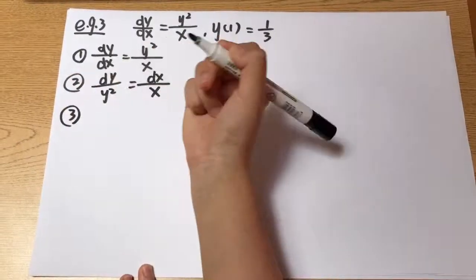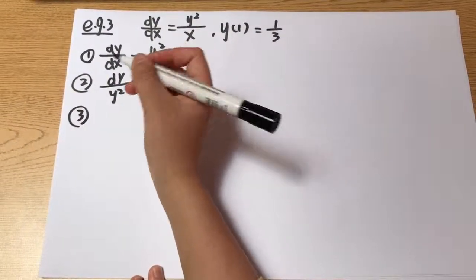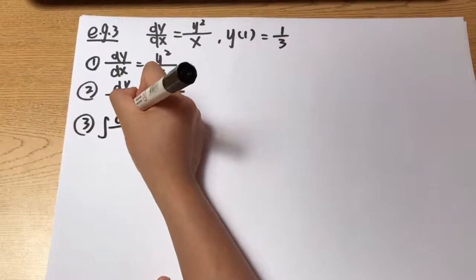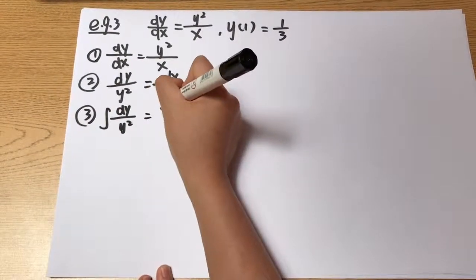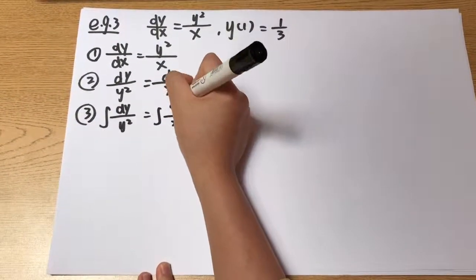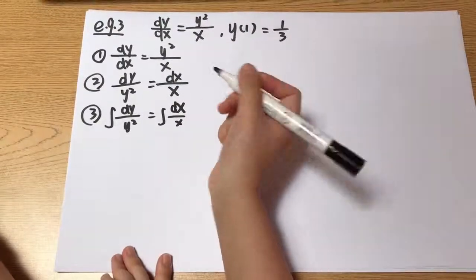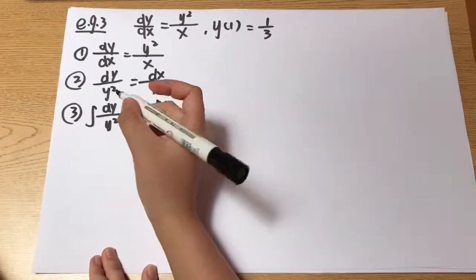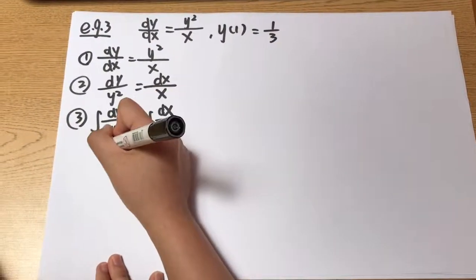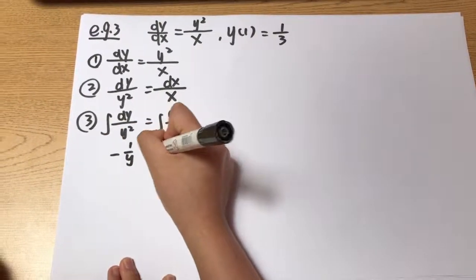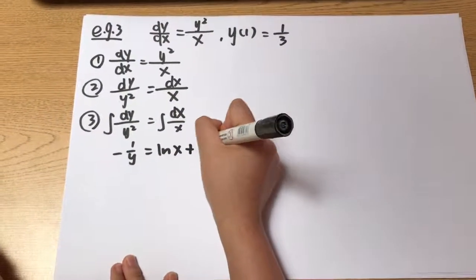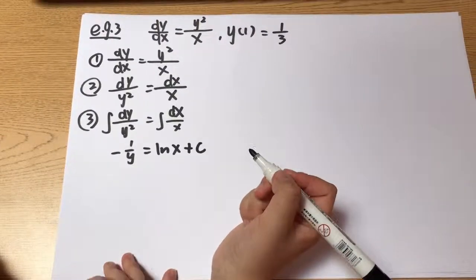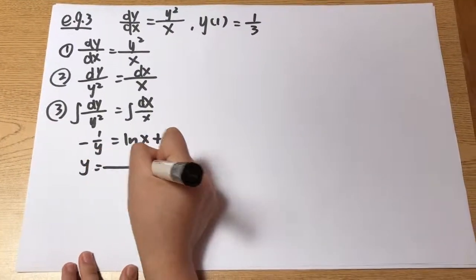And the third step is to integrate on both sides. And then solving the integration, we can get this. And after rearranging the equation, we can get this.